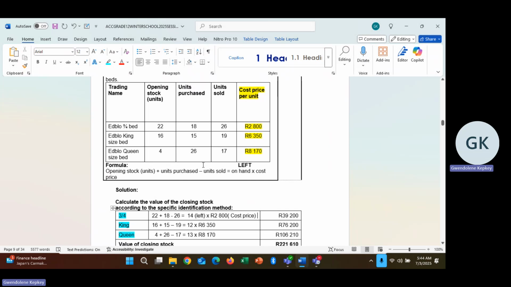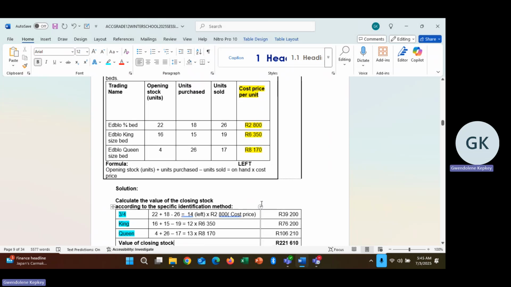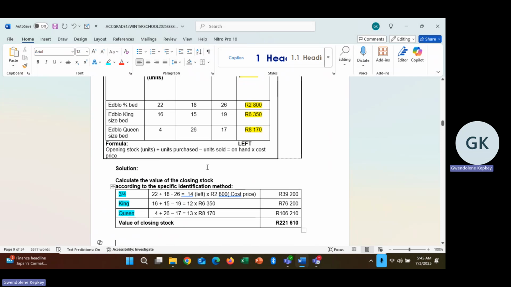I purchased 26. I have not returned any, I sold 17, and therefore it leaves a number of items left of 13. That 13, I'm going to multiply by the cost price of the queen, and it gives me 106,210.